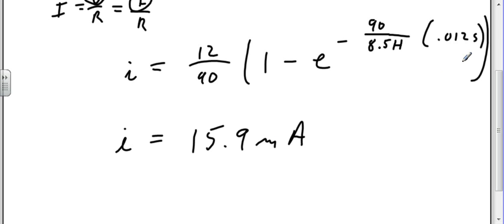All right. Now, as time gets bigger, this exponential gets smaller, and my current ends up having a maximum of 12 divided by 90. So my maximum current is going to be 133 milliamps. So I'm heading towards 133 milliamps, but at the end of 12 milliseconds, I'm only at 15.9.